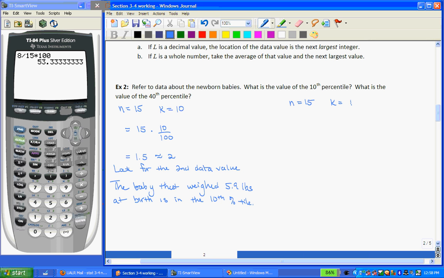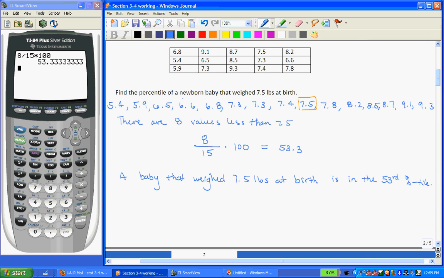And that comes out to exactly 6. Well, this is the second case. Since we got a whole value, we take the average of the 6th and 7th values.